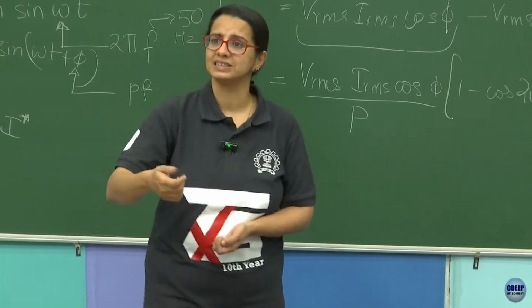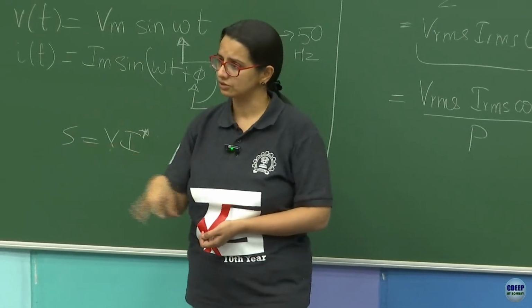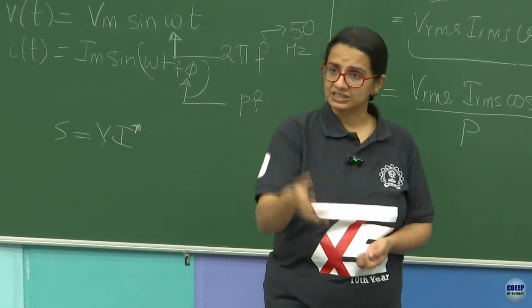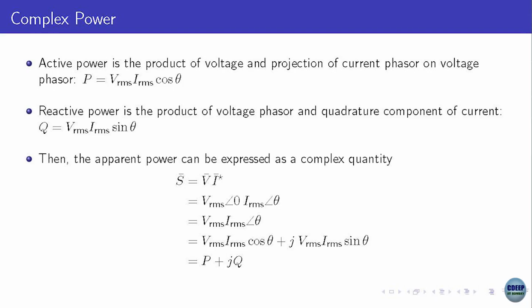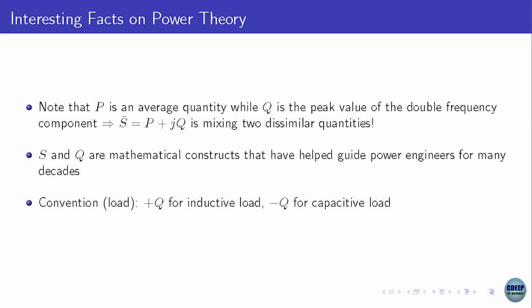P could be assigned as VRMS, IRMS, cos phi or cos theta, and Q could be assigned as VRMS, IRMS, sin theta. This is a convention. It's a mathematical construct that helps power engineers do a lot of analysis. But you have to recognize this for what it is.